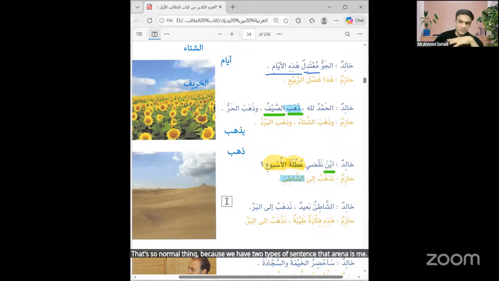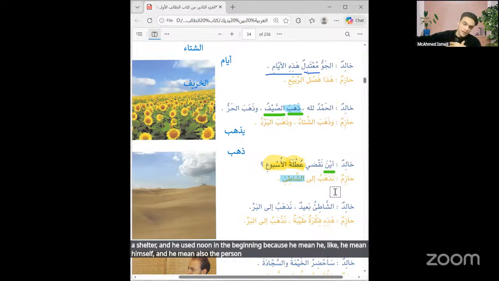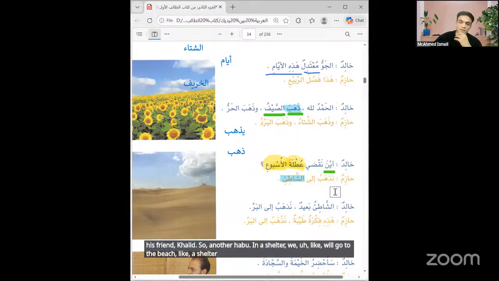The فعلية starts with a verb, and the اسمية starts with a noun. And here we have نذهب, we should go to الشاطئ. He used noon in the beginning because he means himself and also the person with him, his friend Khalid. So نذهب إلى الشاطئ, we will go to the beach. And then Khalid says الشاطئ بعيد.